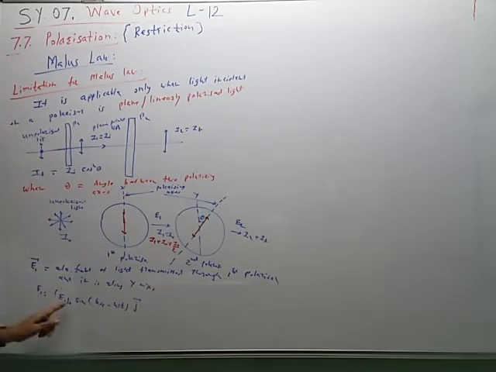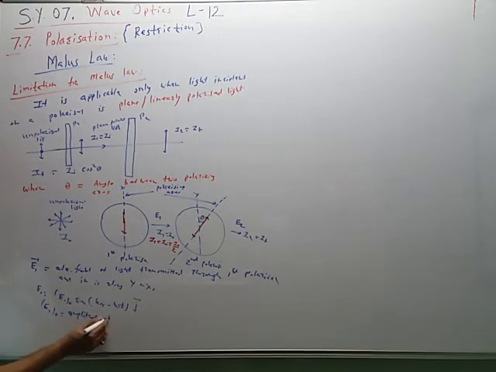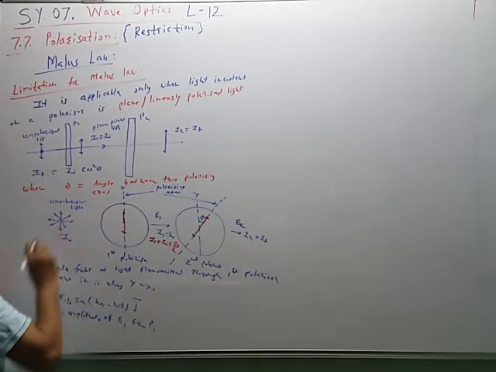So this is the amplitude E1 0, which is equal to the amplitude of E1 from the first polarizer, so we denote it by E1.